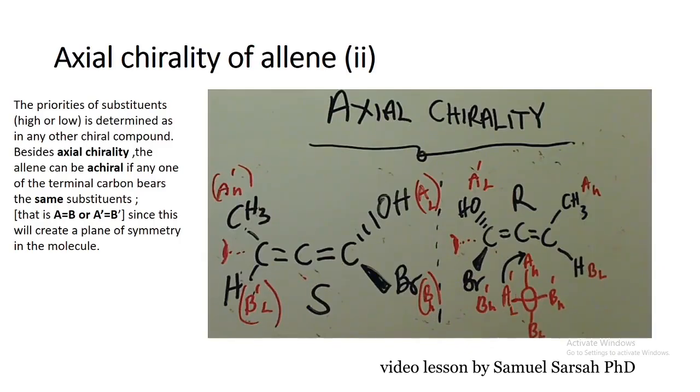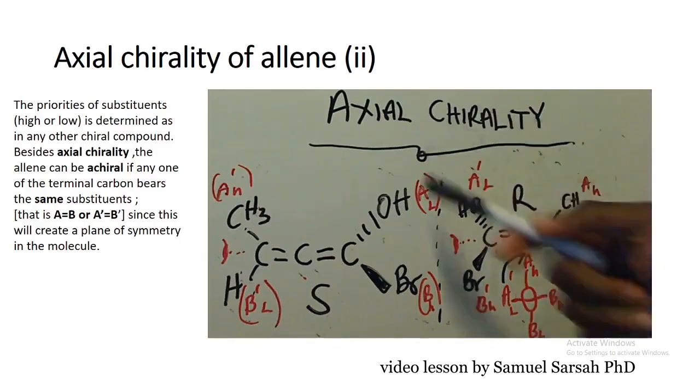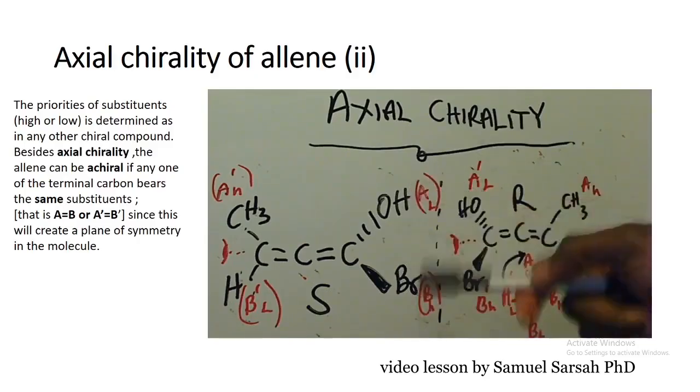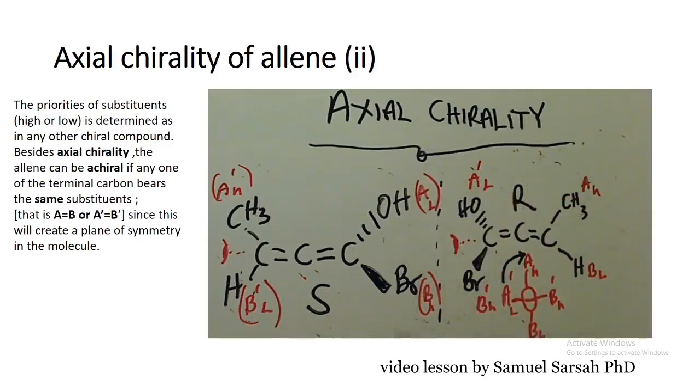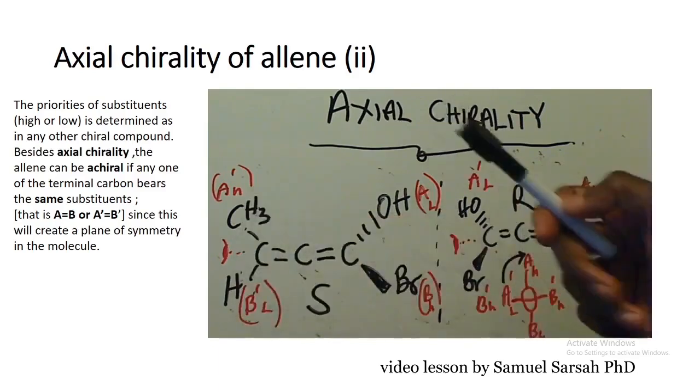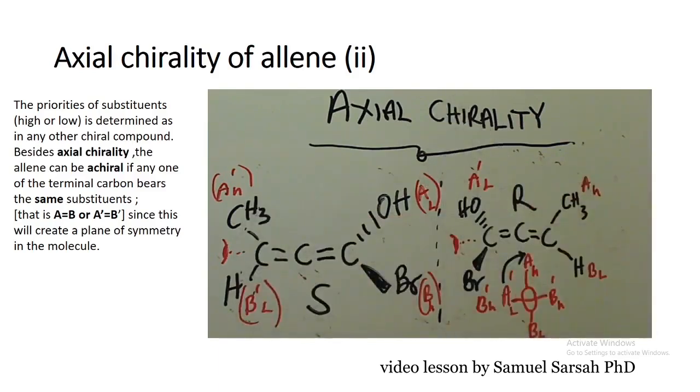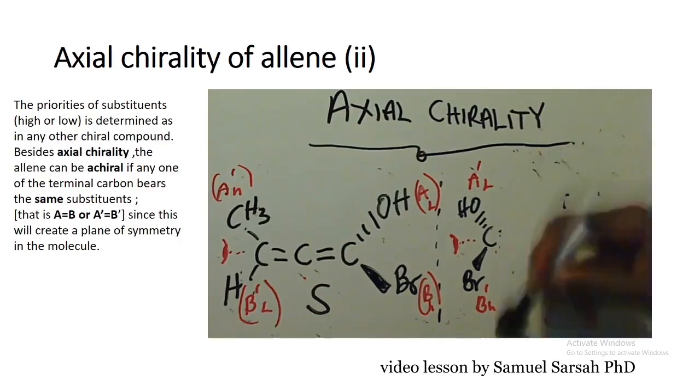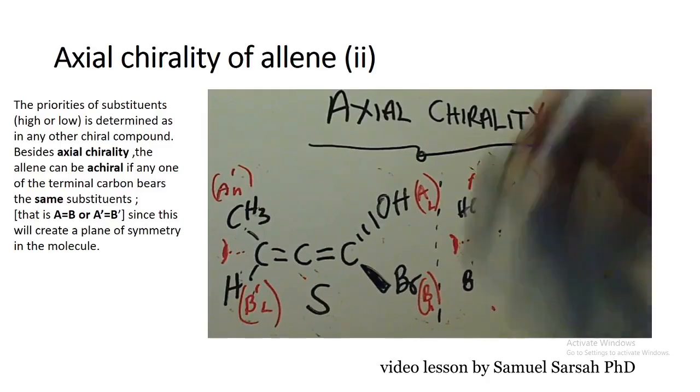Now there is a situation where the allene will not be chiral. That is, if any of these groups are the same, if these two are the same or these two are the same, the allene will not be chiral as it has a plane of symmetry. So let me show you the situation where the allene will lose its chirality.